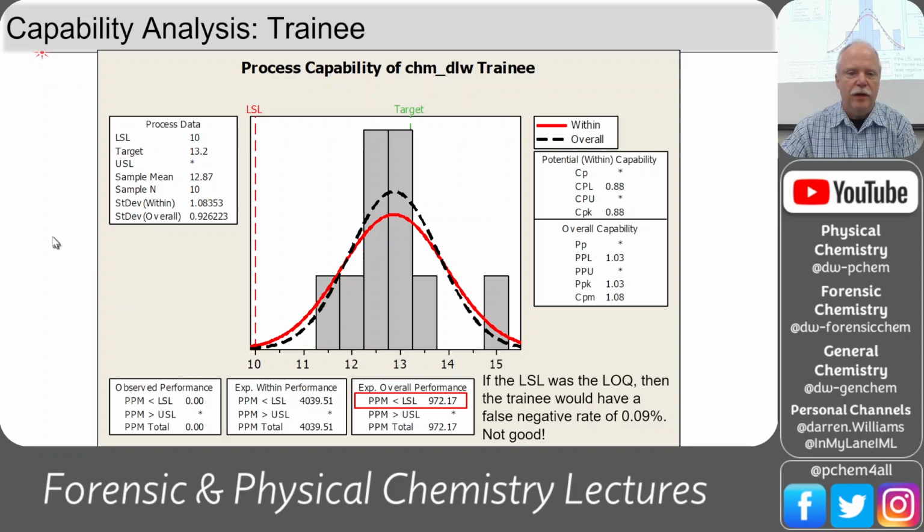Okay, so we have some other analyses that we can do on that trainee data and the forensic chemist data. This is what's called a process capability. Now, I'm not so sure, but I think it's probably moving in that direction. This is what we would call that 6 Sigma quality program.